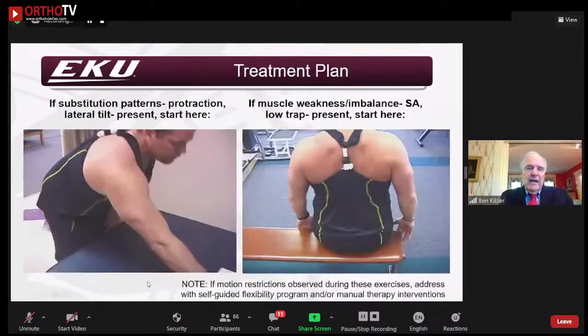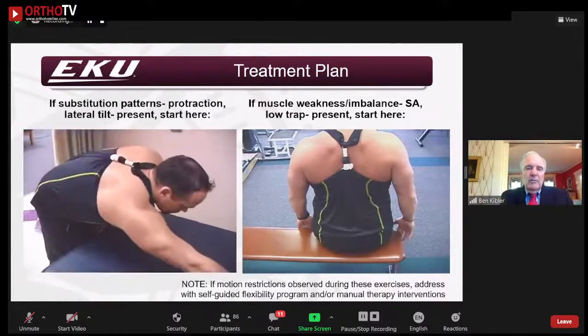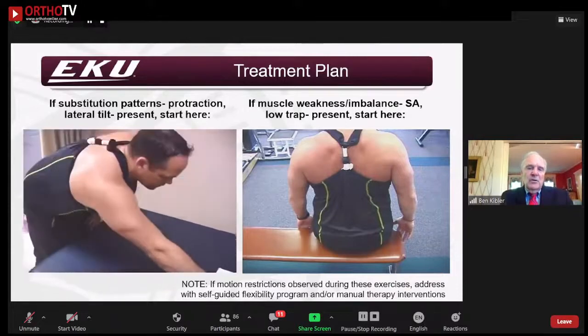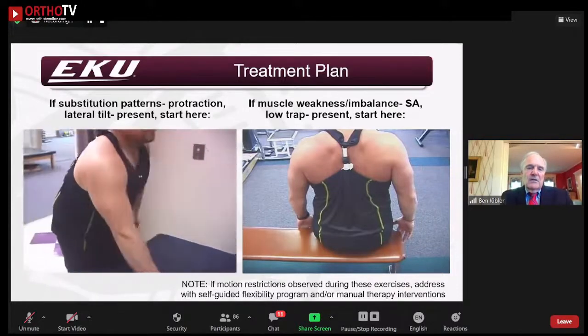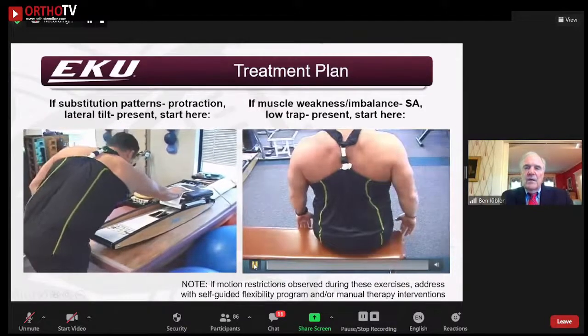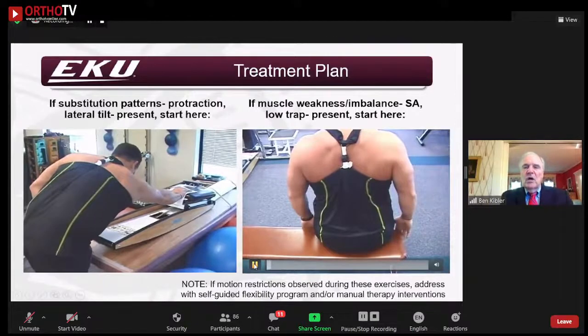If you've got substitute patterns so that you have too much protraction, then you want to start once again by decreasing the load, having the closed chain, and driving with trunk motion instead of scapular motion. Similarly, if it's weak and you want to work on low trap and serratus, you put the arm in the right position and you emphasize short movement arms.